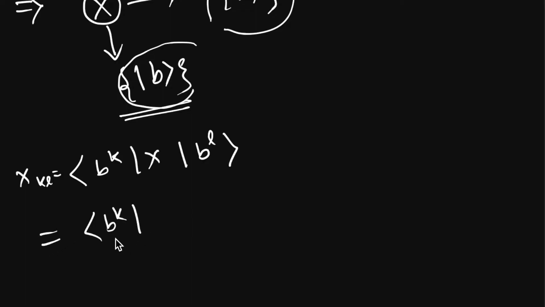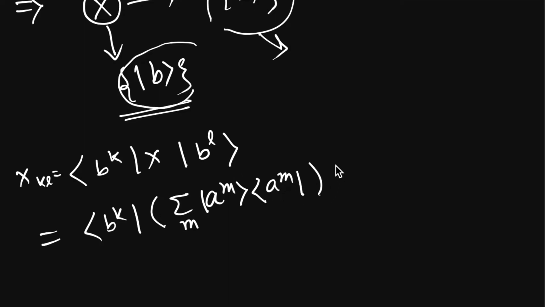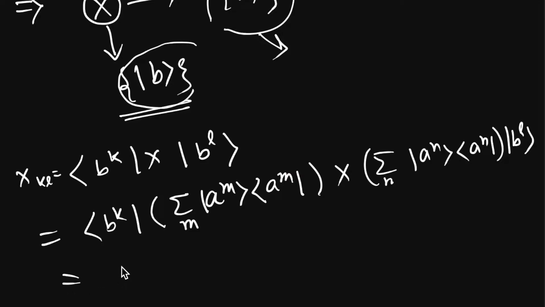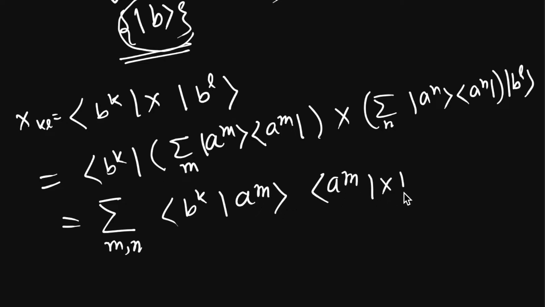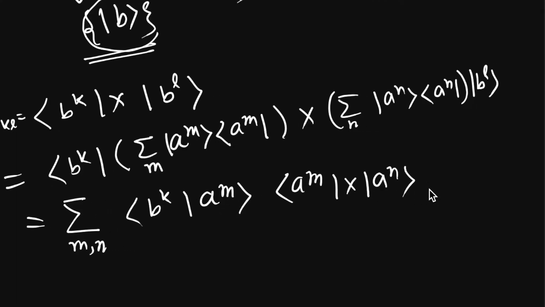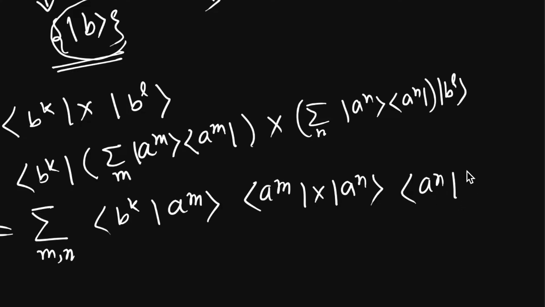Let us use the completeness relation of this basis: summation of m |a_m⟩⟨a_m| X summation of n |a_n⟩⟨a_n| b_l, that equals the summation of m comma n ⟨b_k|a_m⟩ ⟨a_m|X|a_n⟩ ⟨a_n|b_l⟩.